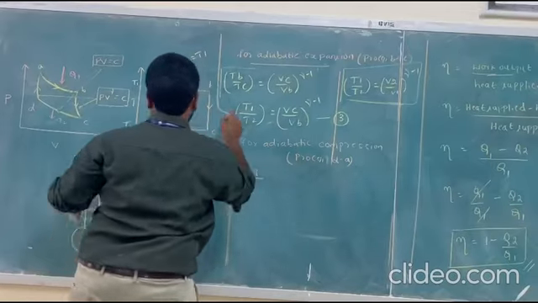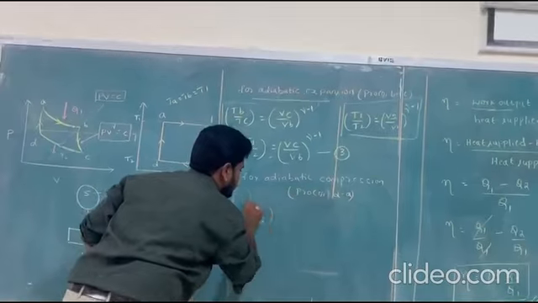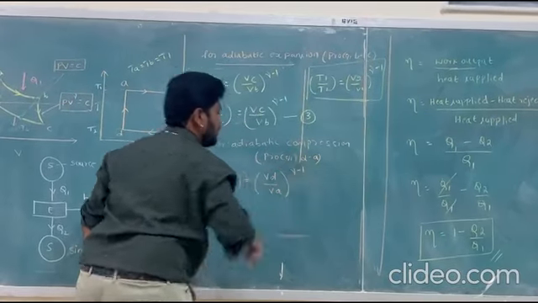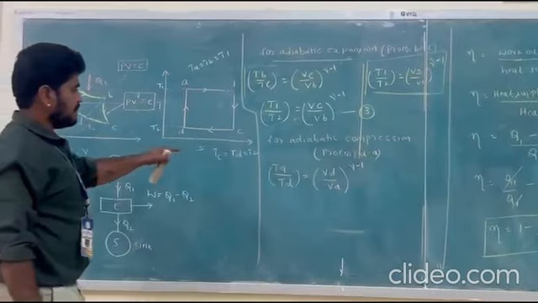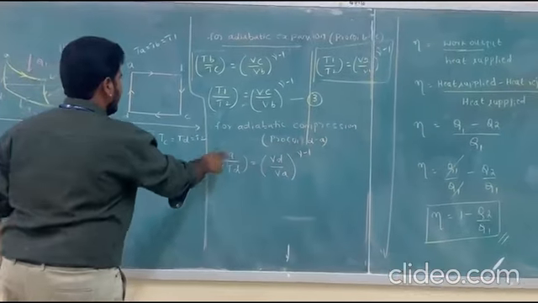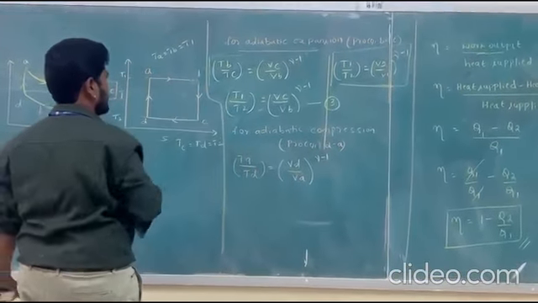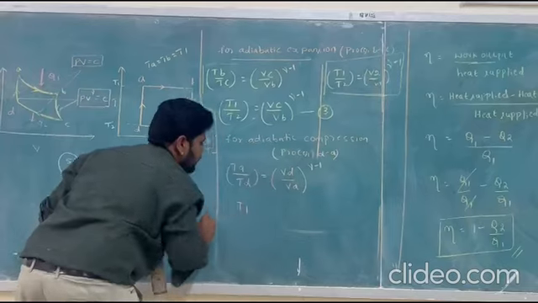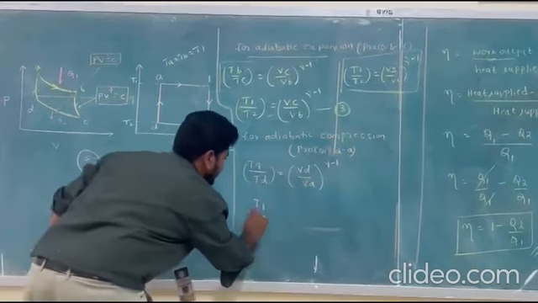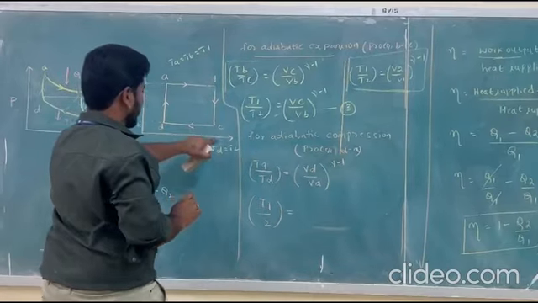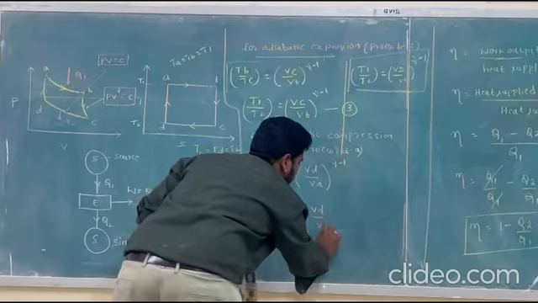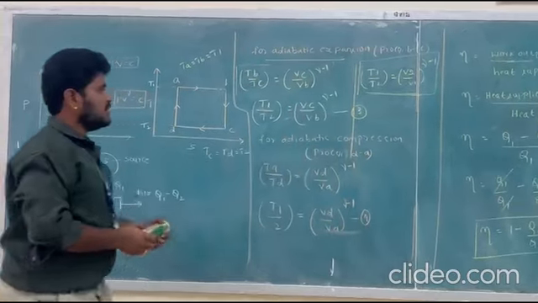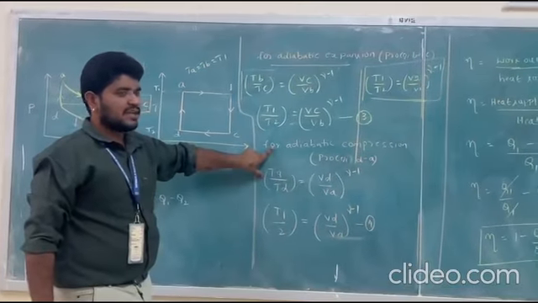TA by TD is equal to VD by VA to the power of gamma minus 1. From the TS diagram, TA can be written as T1 because it is an isothermal, constant temperature process, and in the place of TD I can write T2. So T1 by T2 is equal to VD by VA to the power of gamma minus 1. This equation I write as equation number 4. So this is for the adiabatic expansion, and this is for the adiabatic compression.